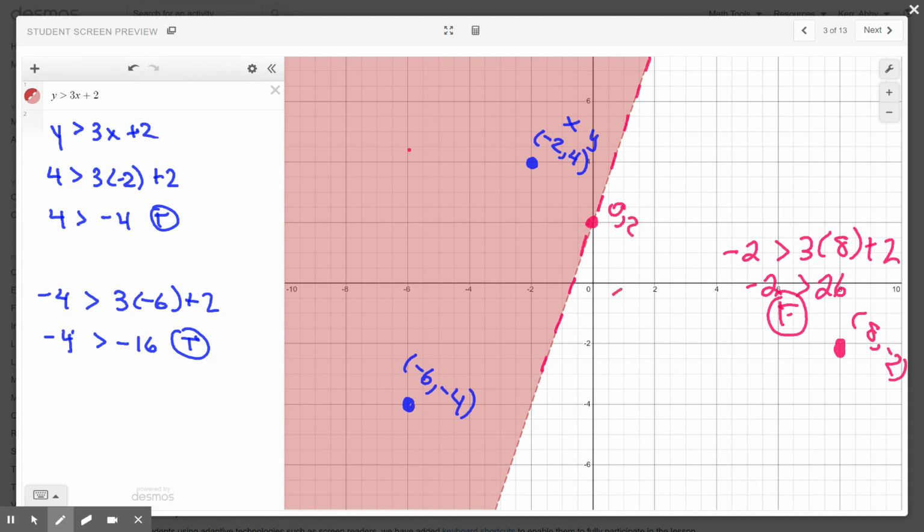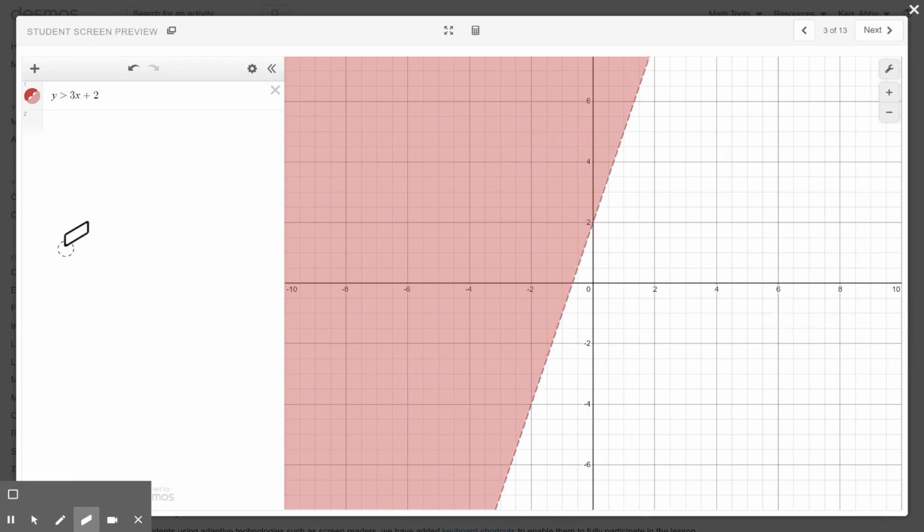If I plugged in 2 into the y, and then I solve for it, 2 is not greater than 2. It's a false statement. Now, if it was equal to, then totally it would be true. But since it's on a dotted line, it is not a solution. And we can do this for any inequality. So right now I'm just making some of these up.